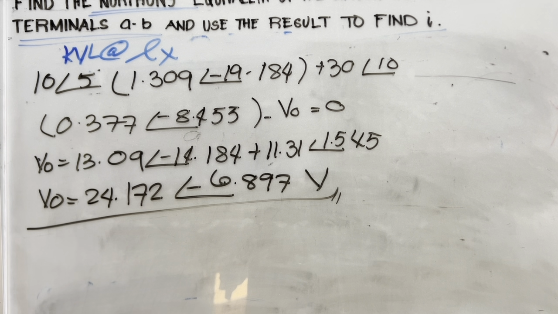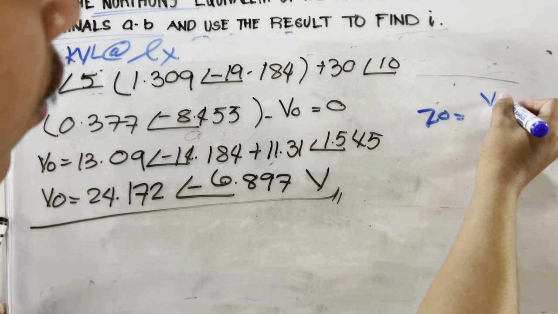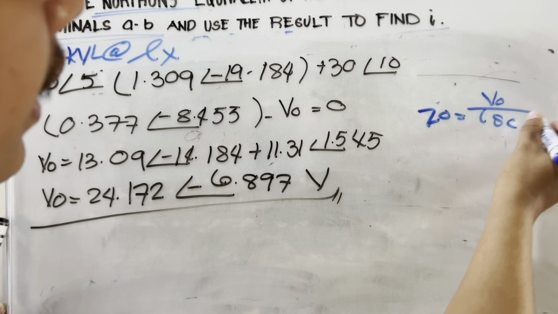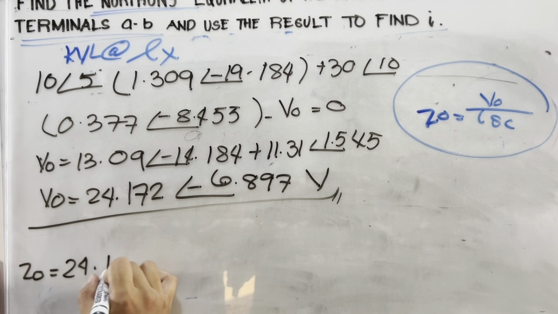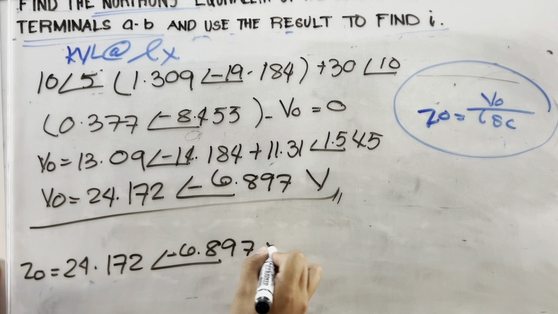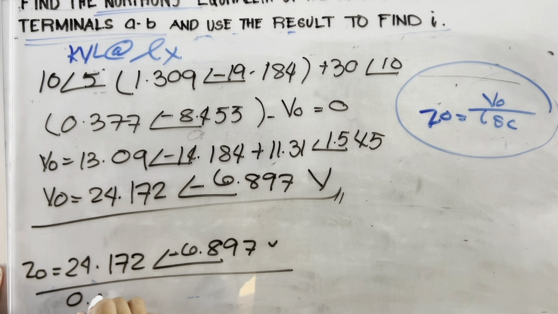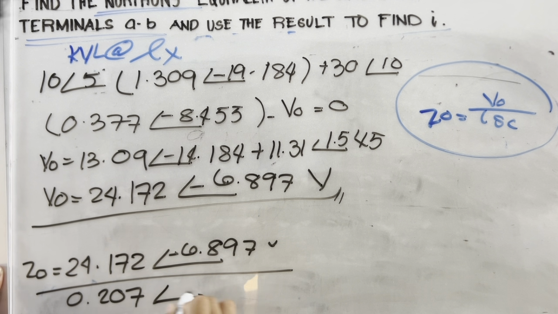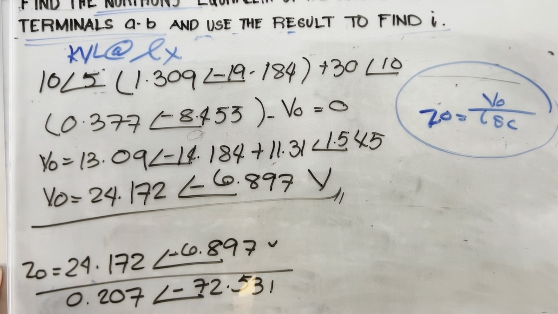We will now use the formula ZO is equal to VO over ISC. So our ZO is equivalent to 24.172 angle of negative 6.897 volts all over our ISC from last time, which is 0.207 angle of negative 72.531.